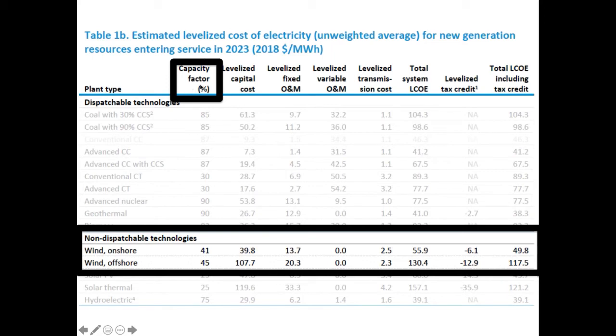Capacity factor is a percent of the amount of time over an entire 365-day year when each one of these electricity technologies produces electricity.